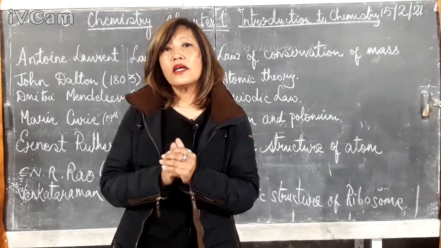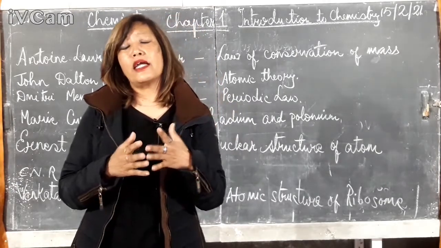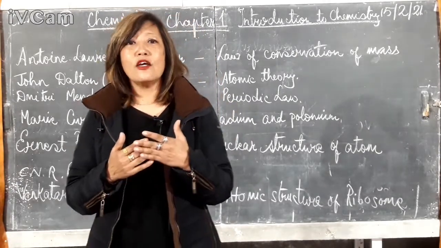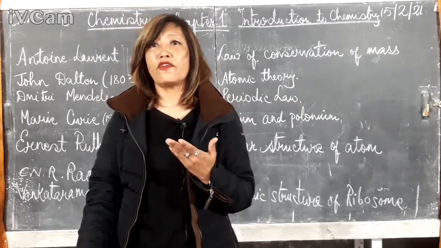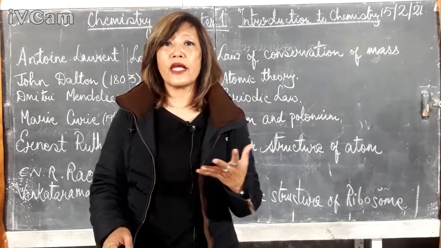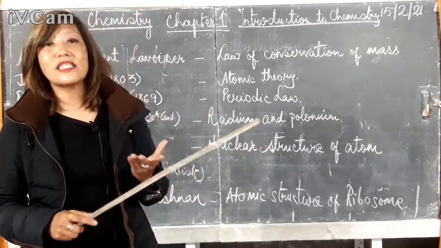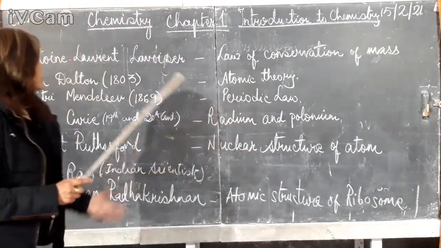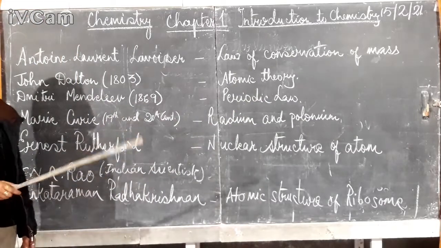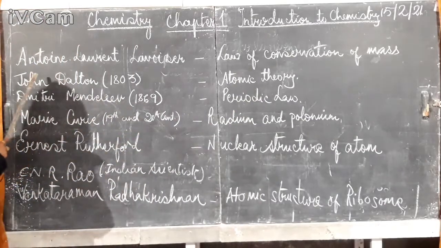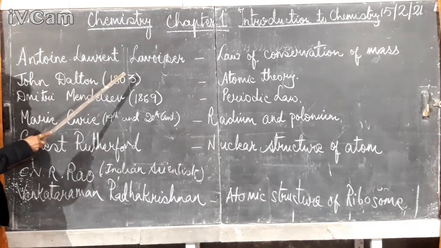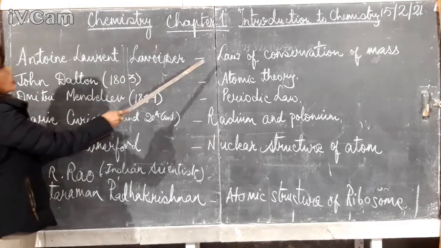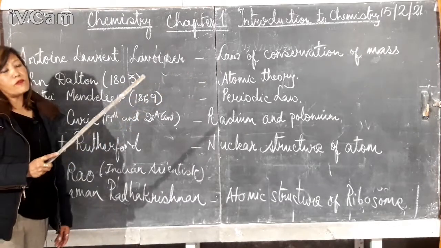Then chemistry became an established science due to the discoveries and inventions of many scientists. If you see the names of those scientists, the first one is Antoine Laurent Lavoisier, and he developed the law of conservation of mass.